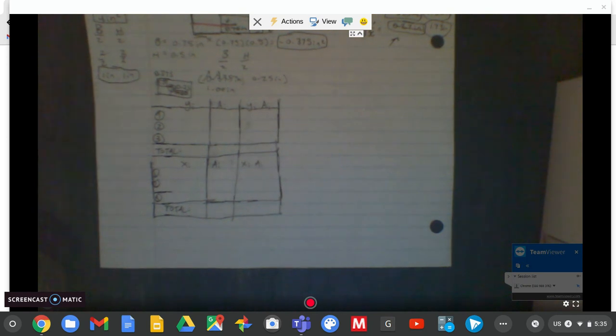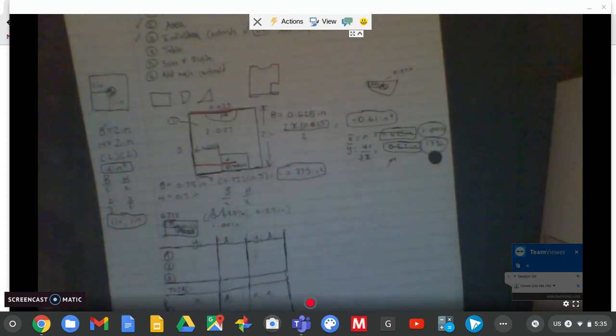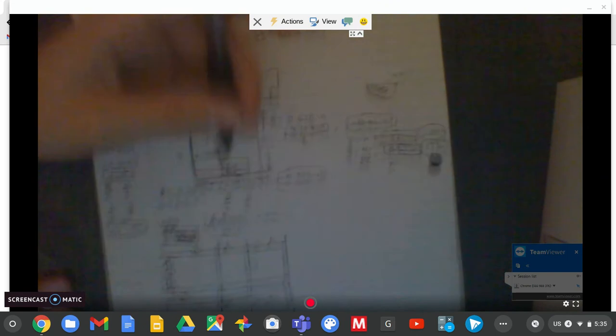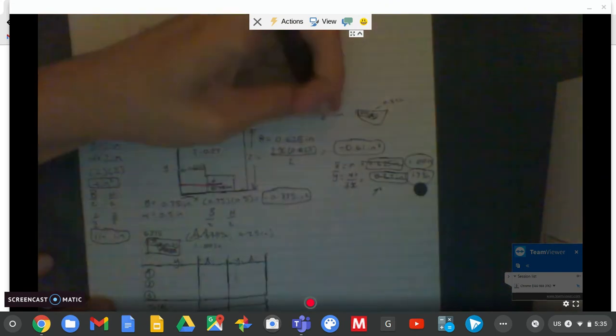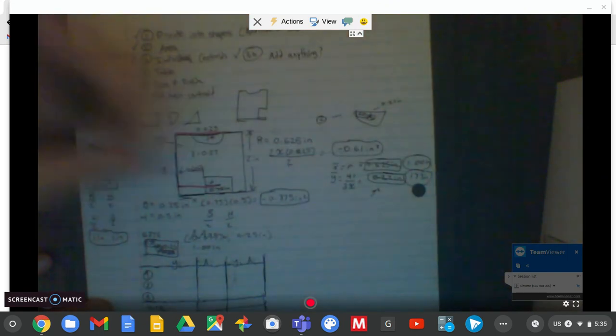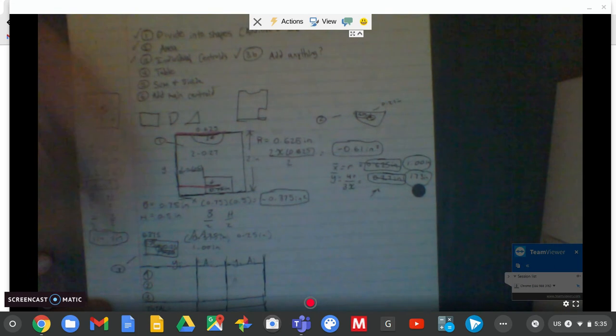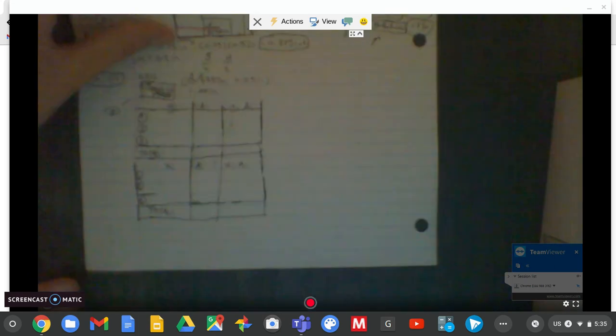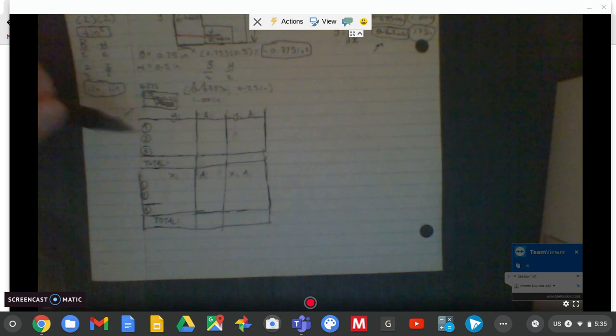I'm sorry, I only labeled 1 up here. We'll say that the semicircle up here is 2, and then the rectangle is 3 right here. For the Y centroid coordinate, like I said, this is backwards for some reason. Typically, the X would be on the top, so don't get tricked by that.